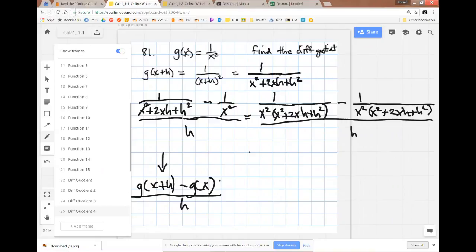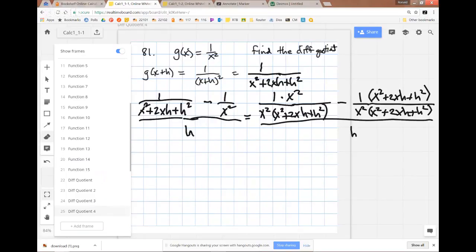Except I've got to multiply the top by that too. So this top was multiplied by x squared, and this top is multiplied by the other factor. Okay, running out of space here, so I'm going to remove this stuff down here so I have some space. All right. So putting that together, what do I have? Well, I've got the common denominator, so I'm going to copy that down.